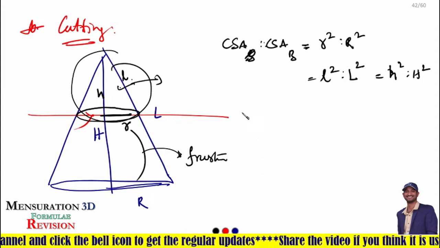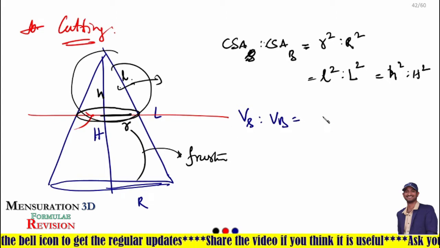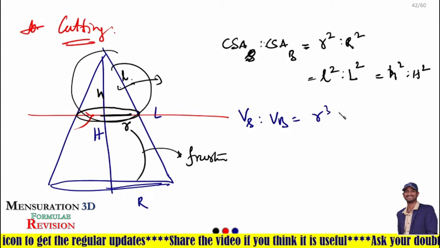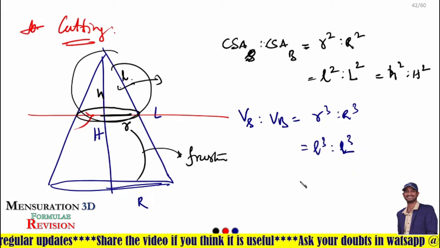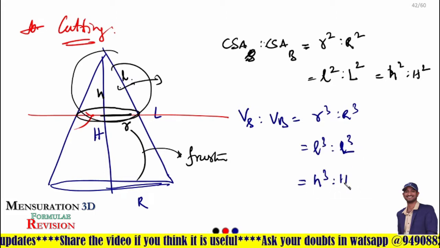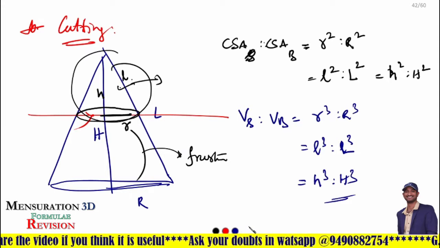While talking about volumes, the volume of the smaller cone to the volume of the bigger cone is in the ratio of cubes of the corresponding radii, or slant heights, or heights. This is about a horizontal cross section.